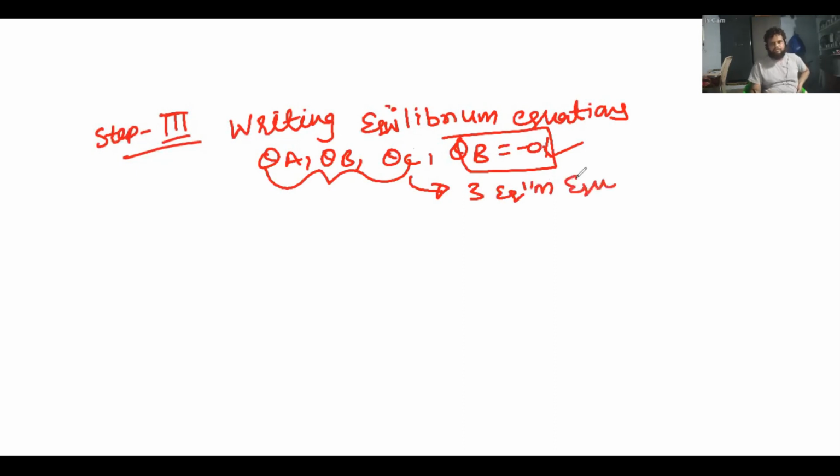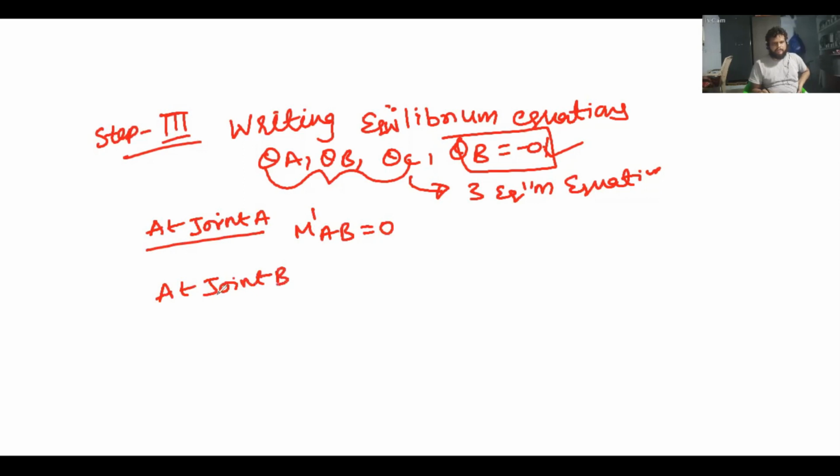Okay, now what is the first equation? So at joint A, M dash AB equal to 0. At joint B, M dash BA plus M dash BC equal to 0.